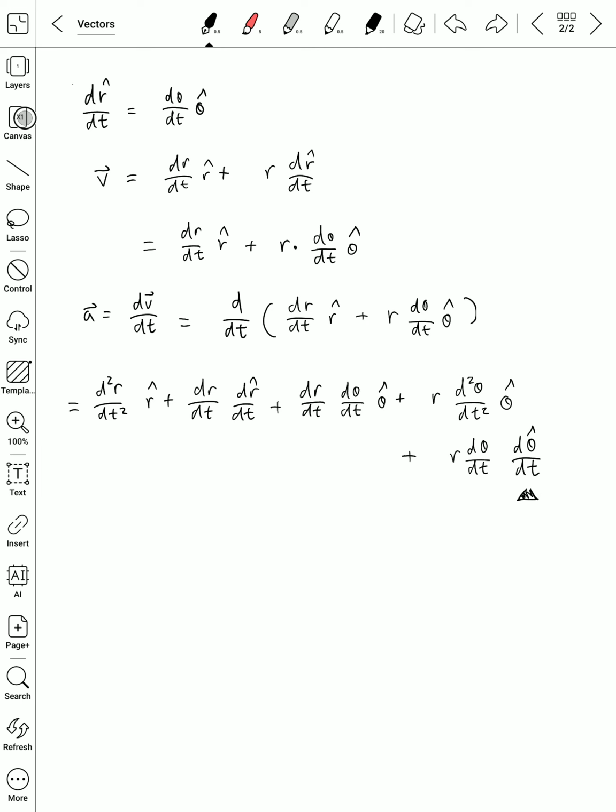So before we move on, first we need to expand dθ hat/dt and represent dθ hat/dt in terms of r hat and θ hat.